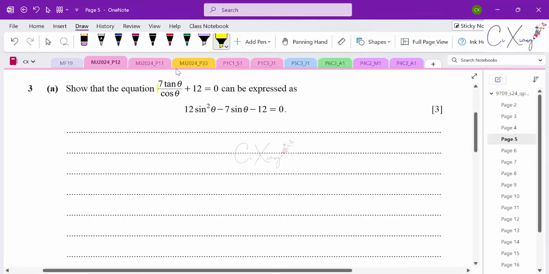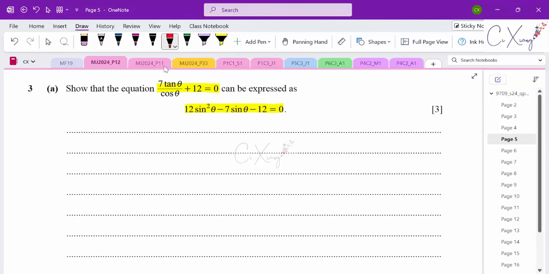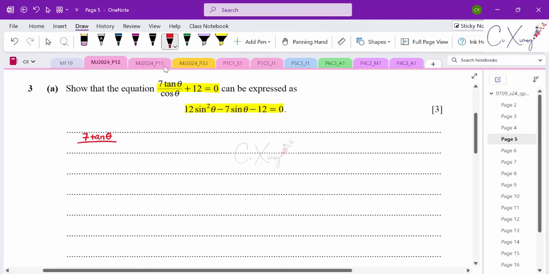They want us to show this equation so that it can be expressed as this type of equation. Okay, so now our final answer here is having all the sine. Okay, so our aim from the beginning of the equation is you have to try to change your trigo identity so that everything becomes sine. So let's start.